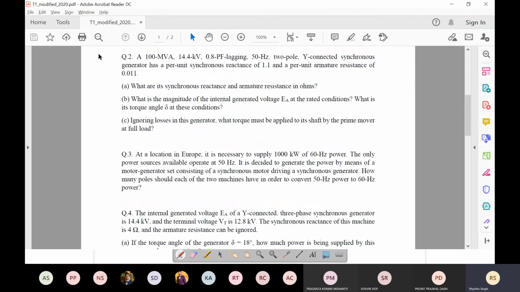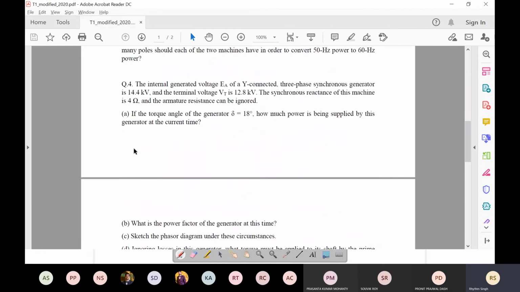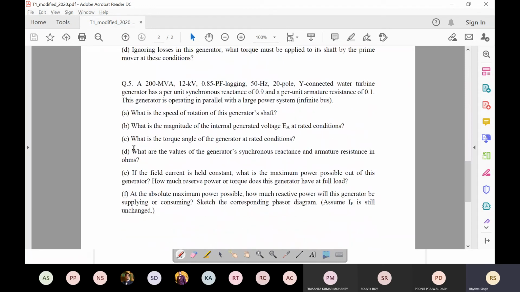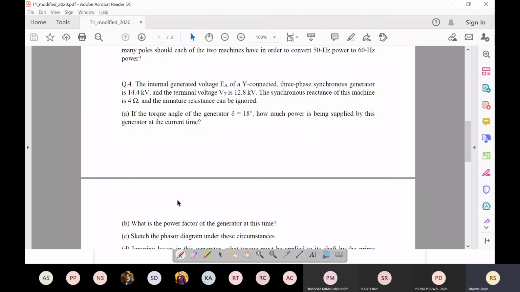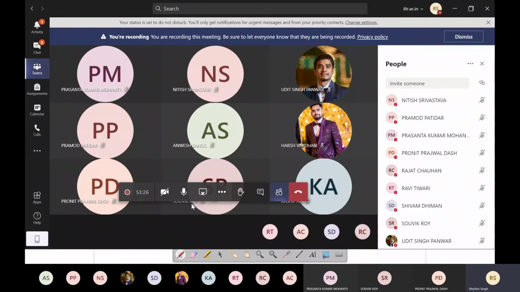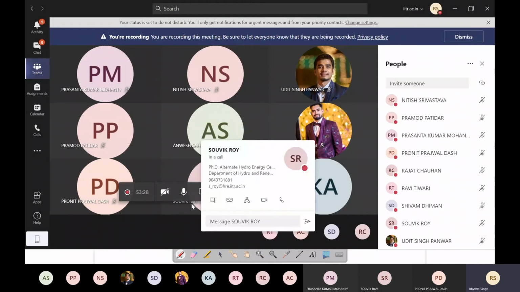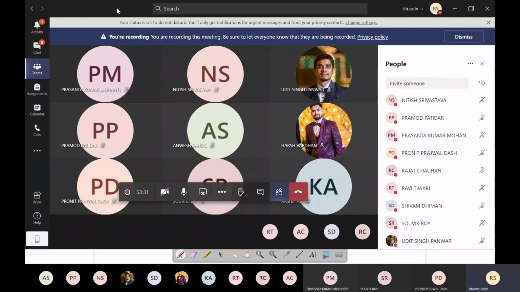So the remaining parts, that means question 2 B and C, question 3, question 4 all parts, and question 5 all parts, are given to you as an assignment, and you are supposed to submit this any time before Monday. Monday is the tutorial class. We will discuss the questions. If someone is facing any problem, we will discuss it in the tutorial class on Monday. But before that, you have to submit this to me through email.